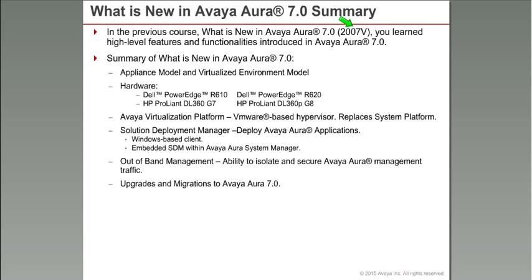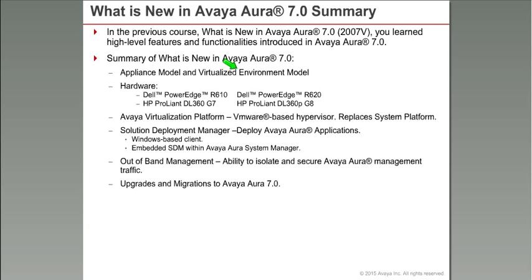So we saw that we could deploy applications in one of two models. There's the appliance model, the Avaya provided server, or we can carry on and use the virtualized environment model, VE model, which has been around since the release 6 time frame.